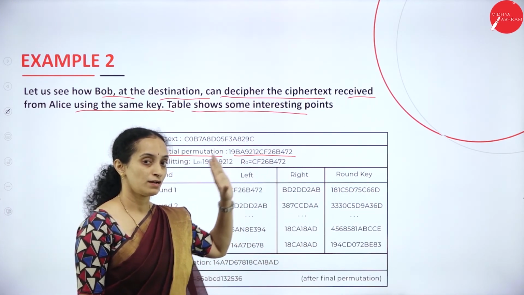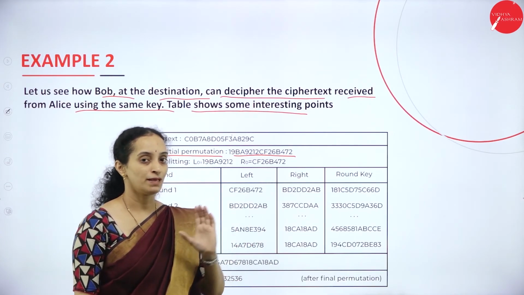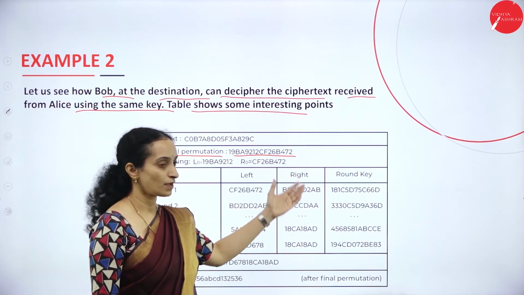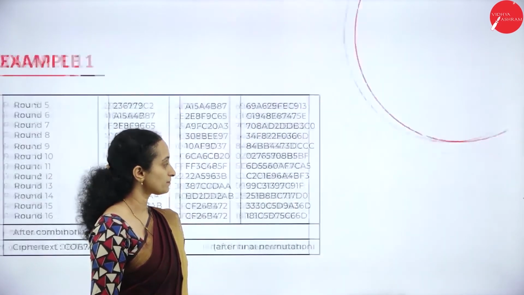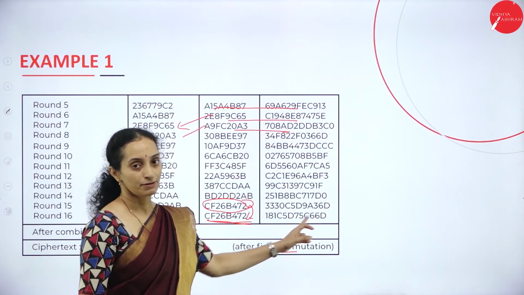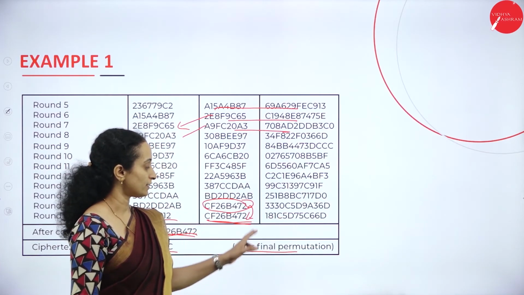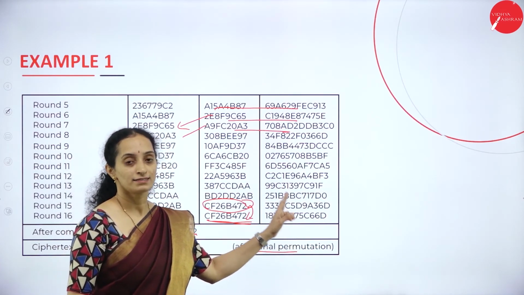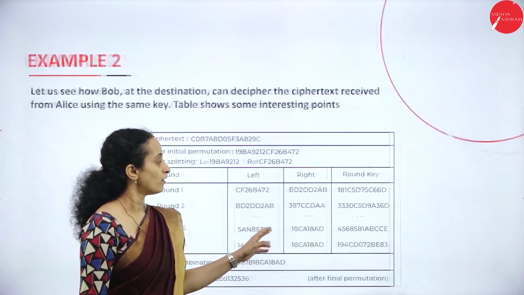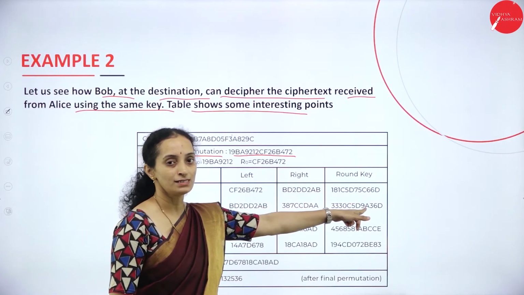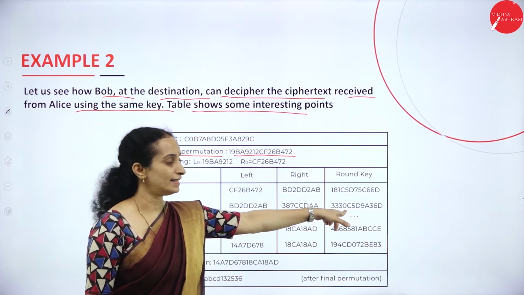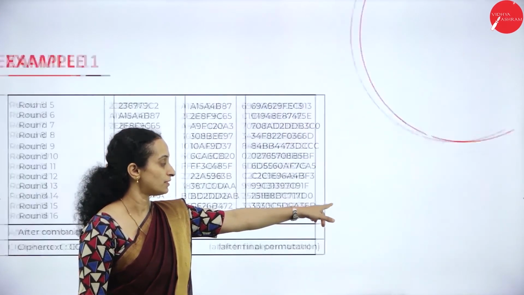The same set of 48 bits will be applied here. Okay. So you can observe it will be in the reverse order. The last round key that is used in the 16th round will be the first round key that is used in the decryption.